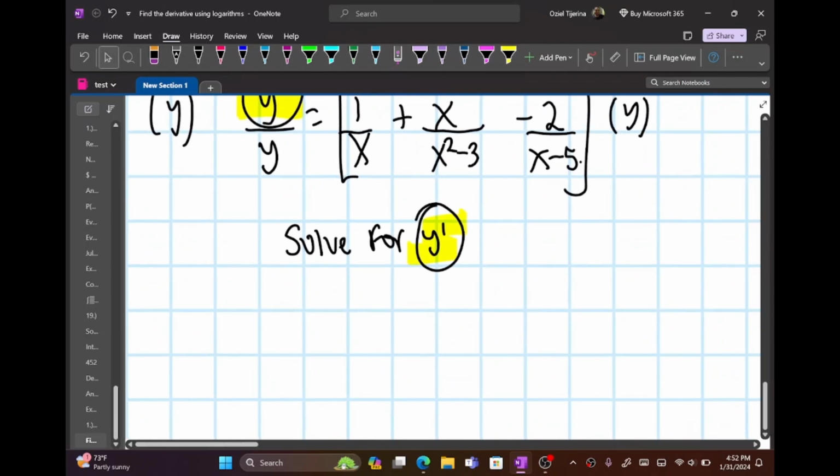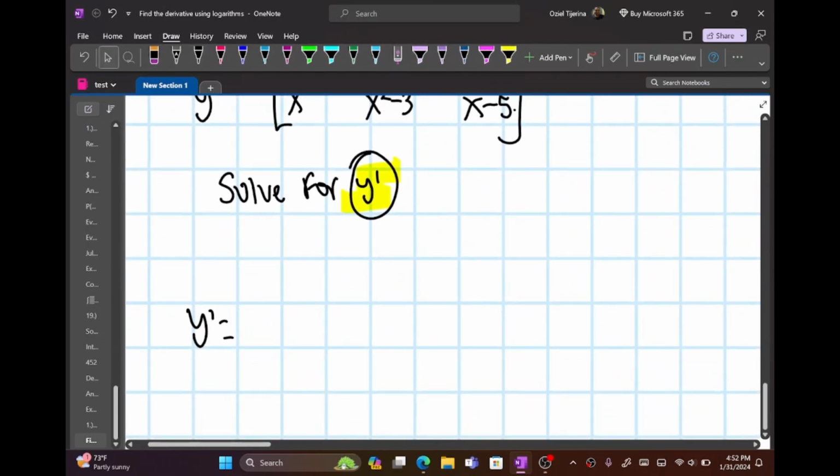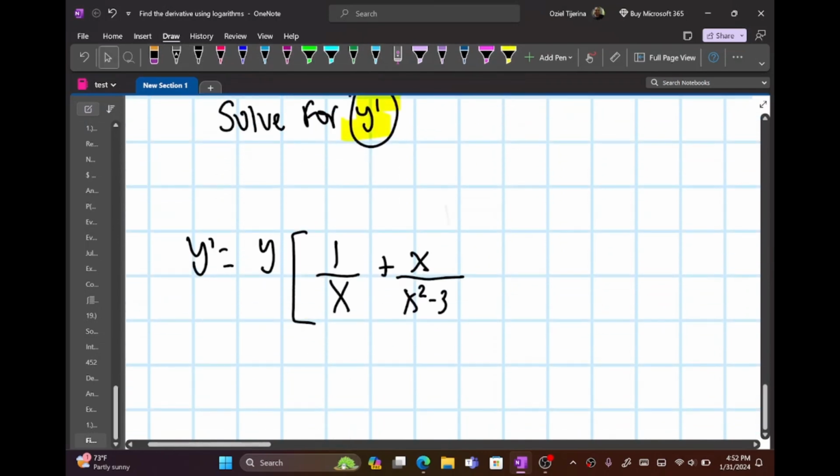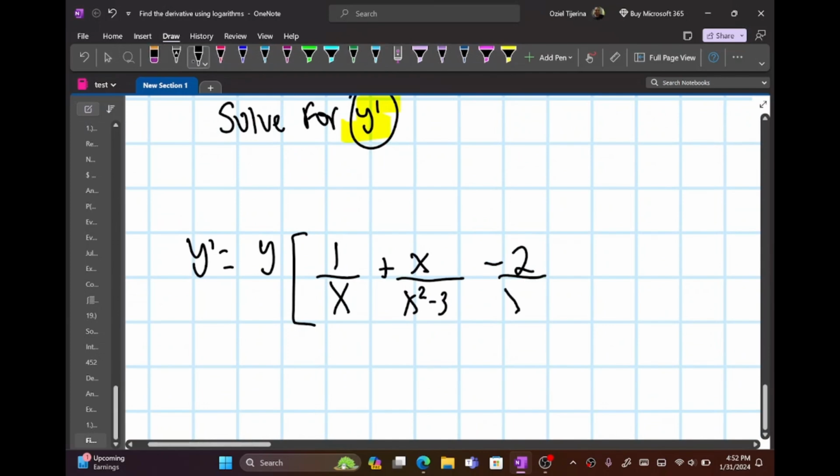We end up with y prime is equal to y times the quantity 1 over x plus x over x squared minus 3 minus 2 over x minus 5.